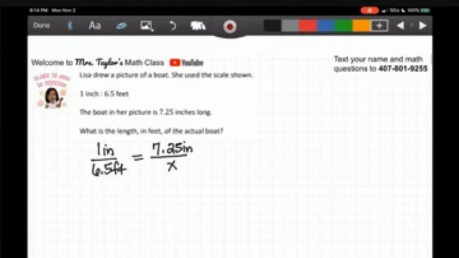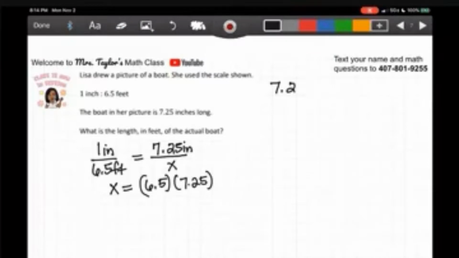So we have 1 times x is x, and then we have the 6.5 times 7.25. The good thing about this standard for 7th grade is they can use calculators, because I already know a lot of kids don't want to do this. But just for kicks, I'll do the decimal calculation, because some people probably don't know how to multiply decimals.